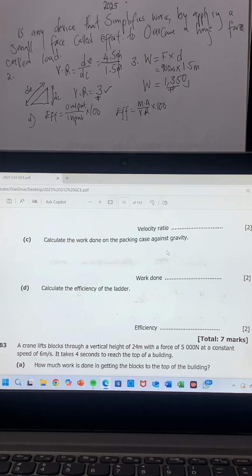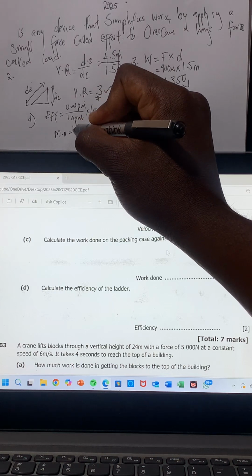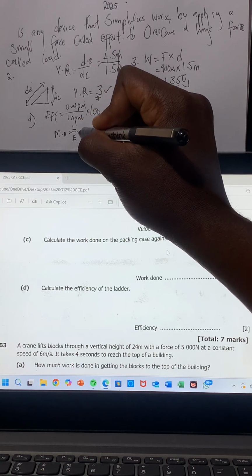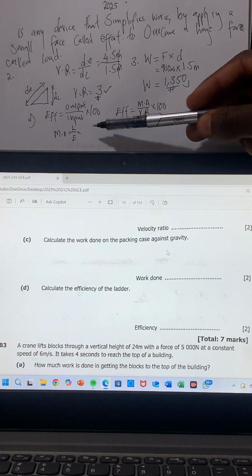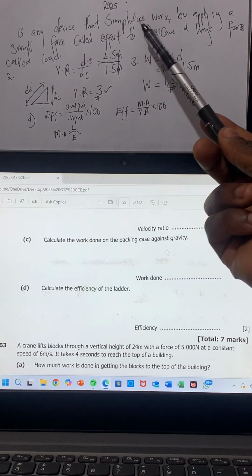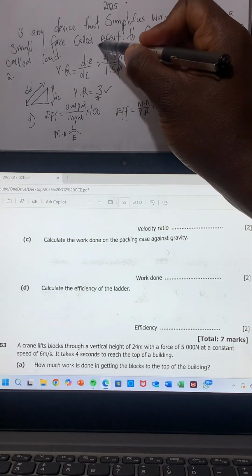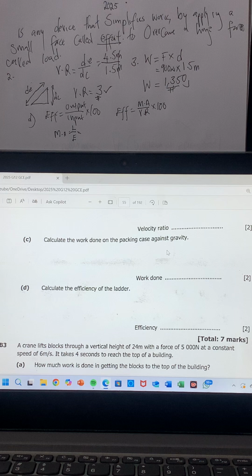What about mechanical advantage? You can find it. Mechanical advantage is equal to load over effort. What is the load? The huge force. We go back to the definition: a simple machine is any device that simplifies work by applying a small force called effort to overcome a huge force called load. So which one is the huge force?